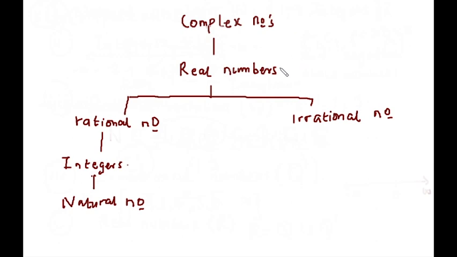And the real numbers are divided into two. We have the rational numbers and the irrational numbers. And then under rational numbers, you have integers, and under integers, you have natural numbers. So that's simply how to classify different classes of numbers.